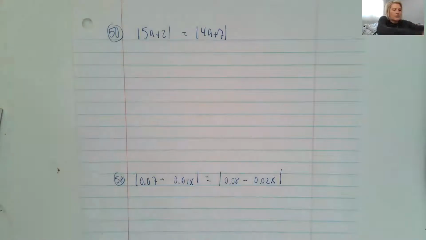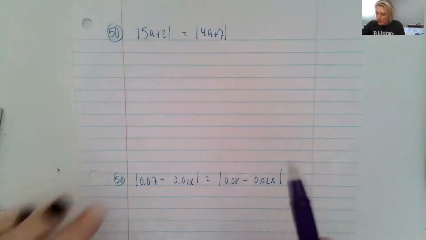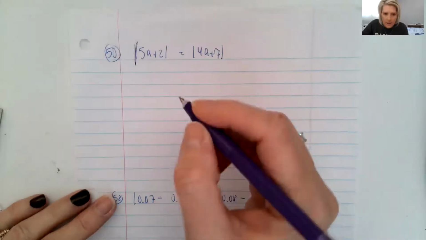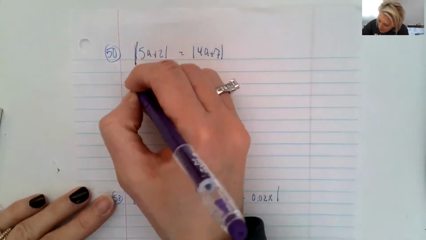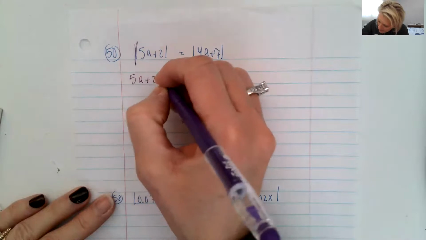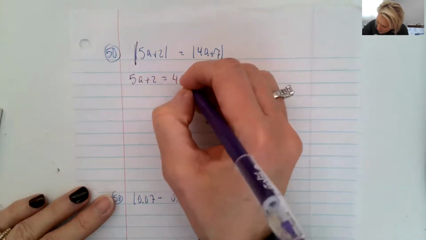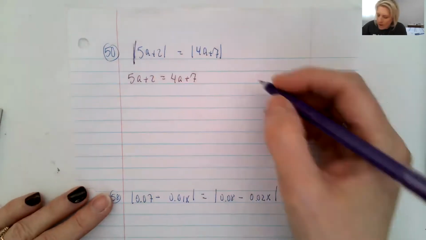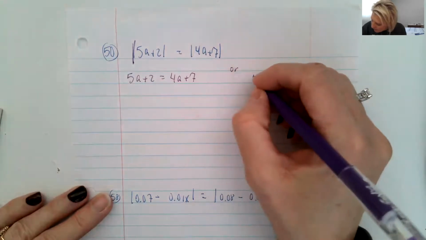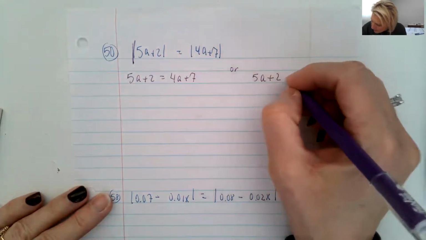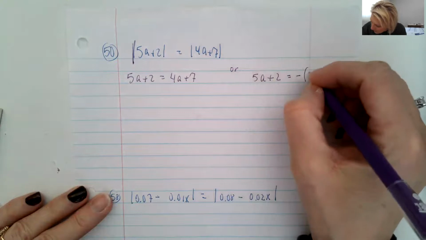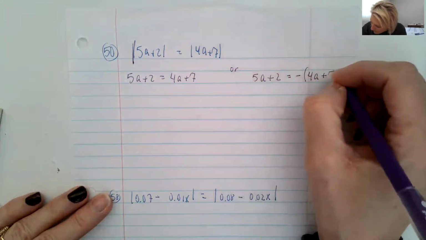Okay, so ours, this is not a 15, so it's 5a plus 2 is equal to 4a plus 7, or 5a plus 2 is equal to a negative, and then in parentheses 4a plus 7.